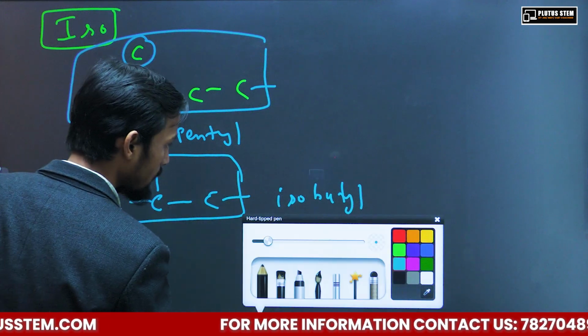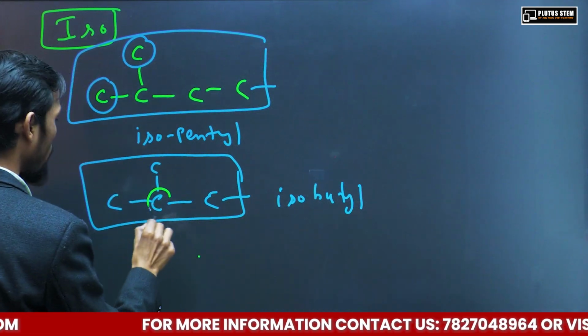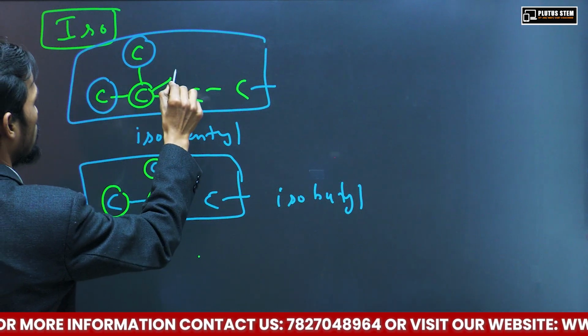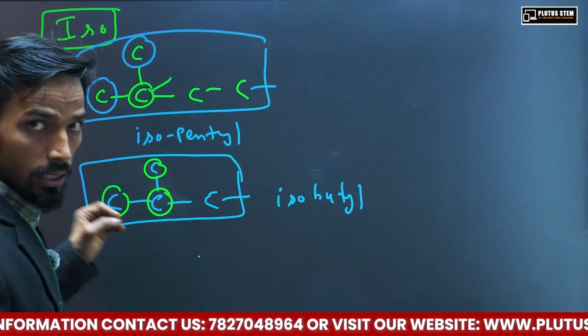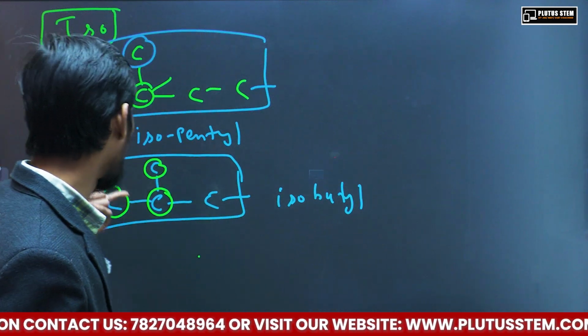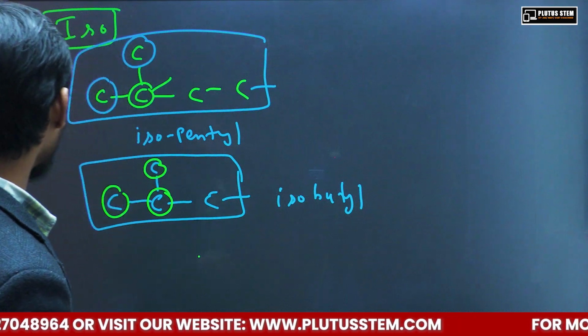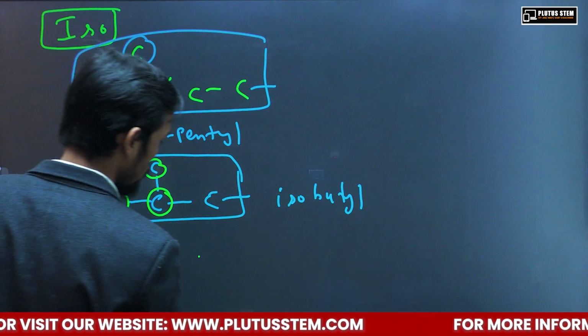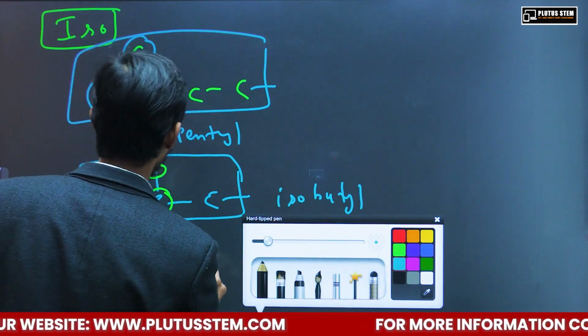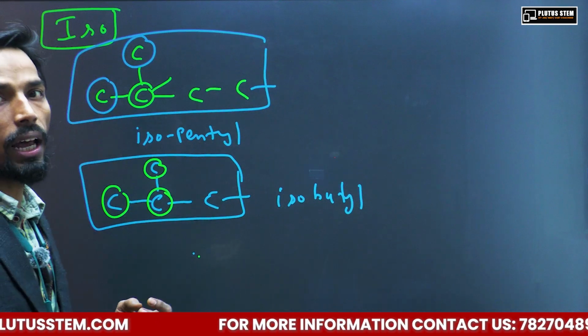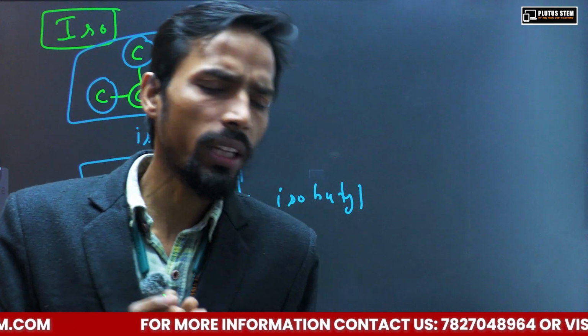This is the second last carbon attached to 2 different carbons that are the same. Generally, this is the way we differentiate these iso terms. Someone might ask, sir, is it secondary or tertiary, why are we calling it iso?